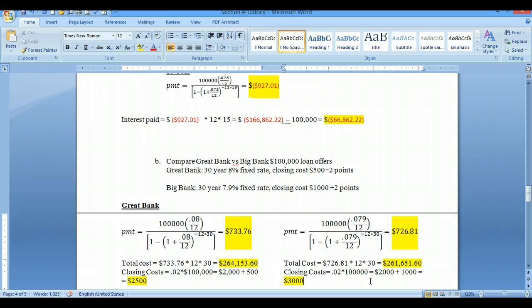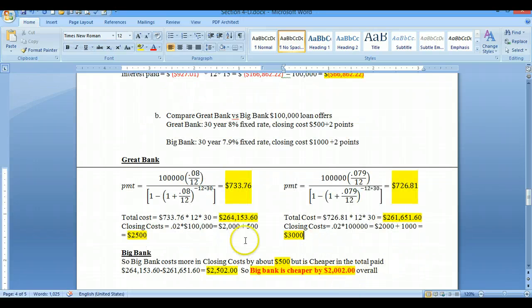So which one really ends up being the better deal? Even though we spend $500 more with Big Bank, it ends up being cheaper because in the end, if I were to subtract, I have 264,000, subtract my 261,000, it's cheaper by $2,502.